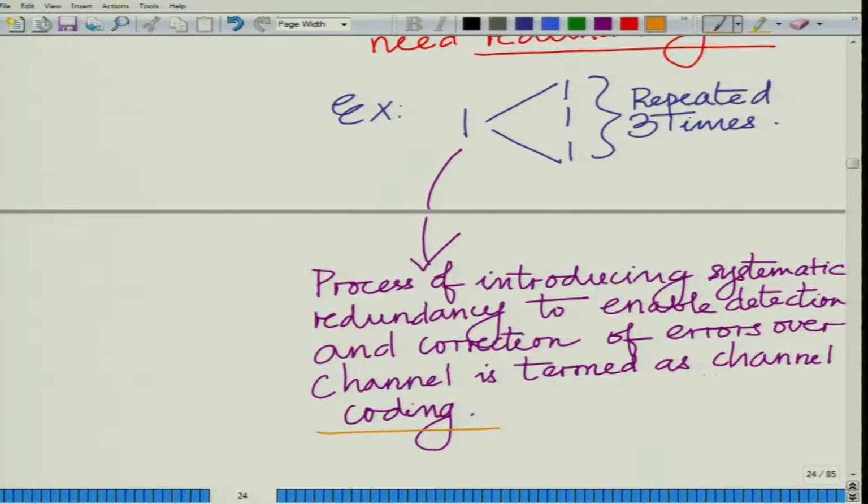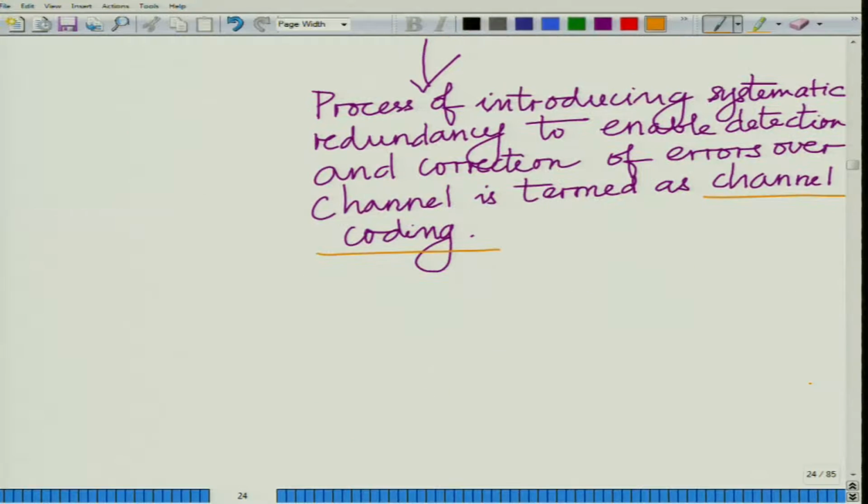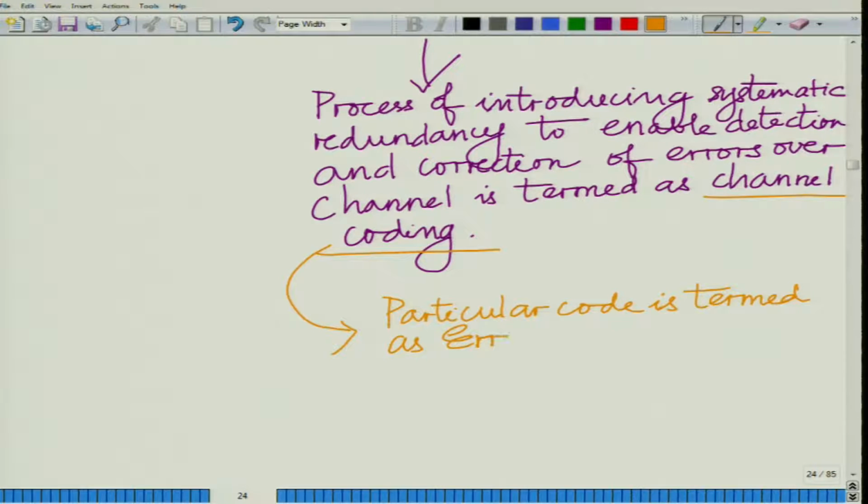Okay, so this process of systematically introducing redundancy, and the particular code, is termed as an error control code.